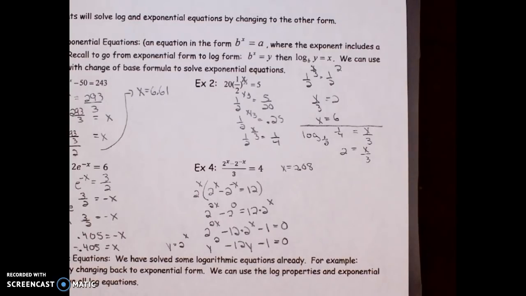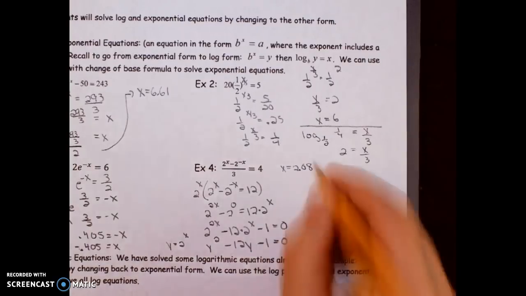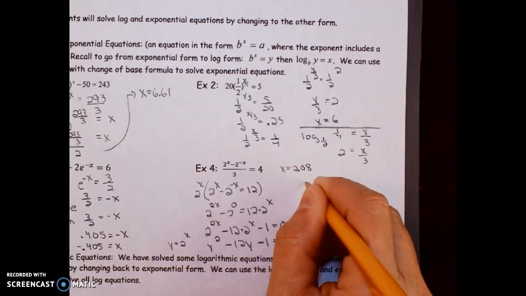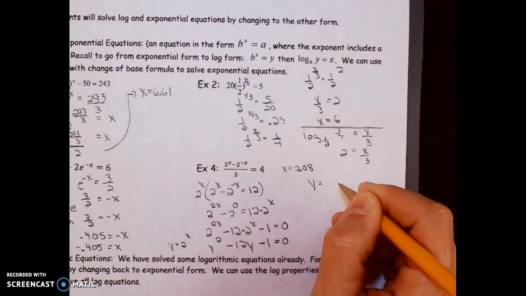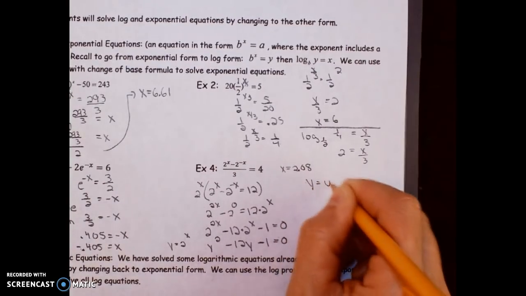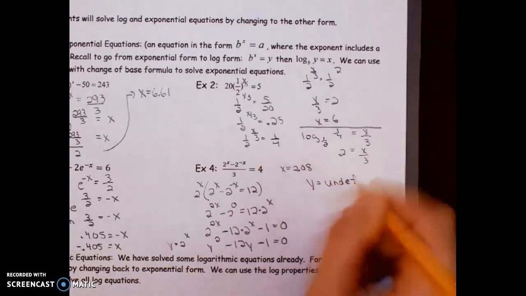This is a quadratic. Unfortunately, it is not factorable. I do have the solutions already worked out for us, though. When I went and used the quadratic formula here, I ended up with y is equal to, one of them was an error, so that would be undefined. We don't have to worry about that.